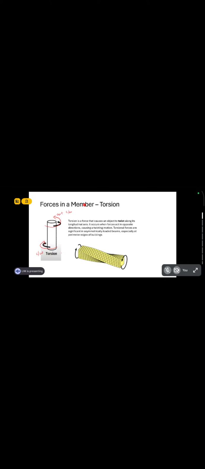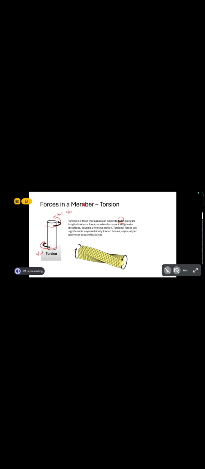Two moments in different directions. It will cause torsion in your beam. This is what causes torsion. So when you have torsion in your element, it basically causes the object to twist. All right, so that's torsion.